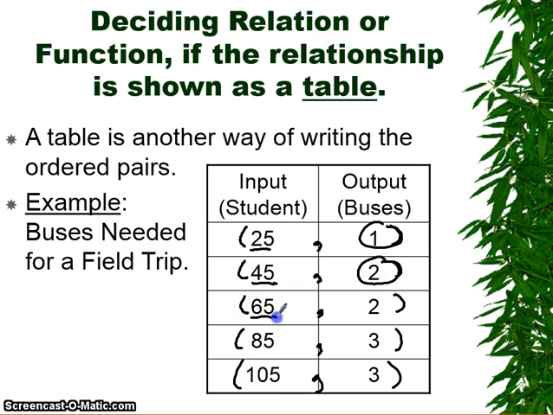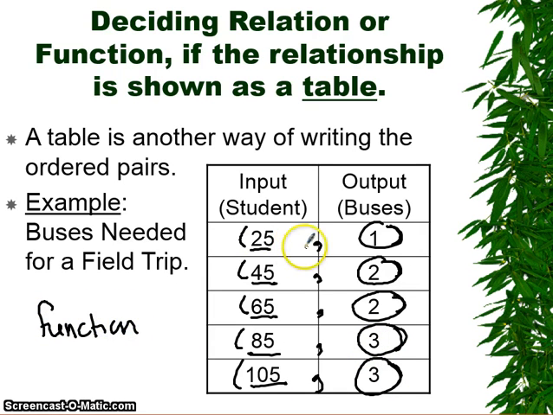Yes. Every time there's 65 students, will I need two buses? Yes. Every time there's 85 students, will I need three buses? Yep. And every time there's 105 students, will I need three buses? And the answer is yes. So this is a function because every input had just one output. We did not see any repeated inputs in our chart.